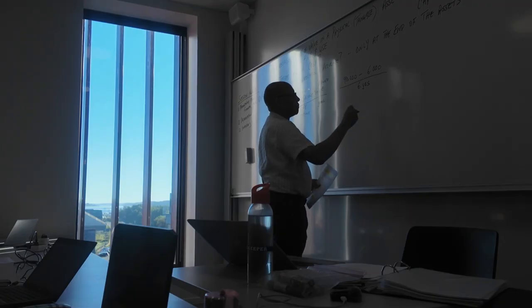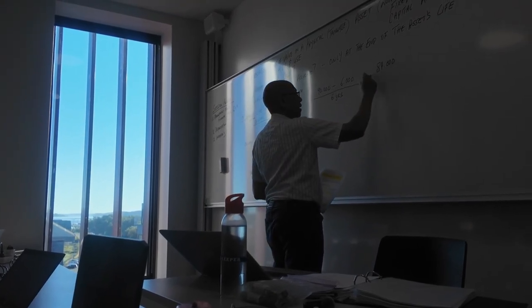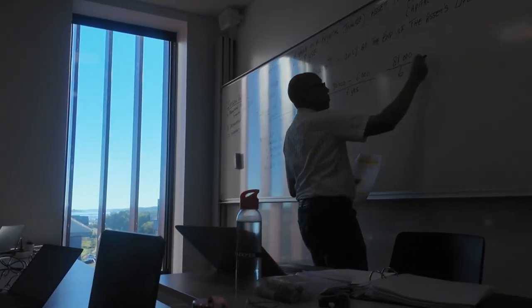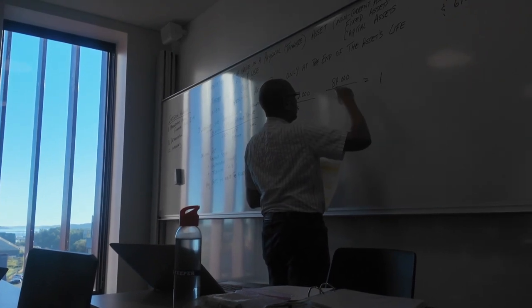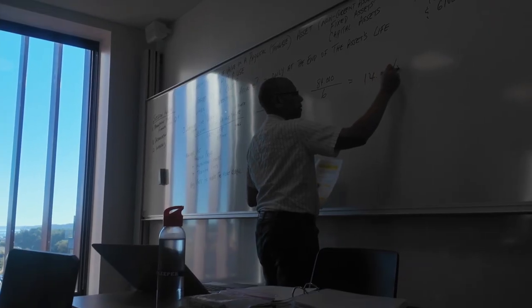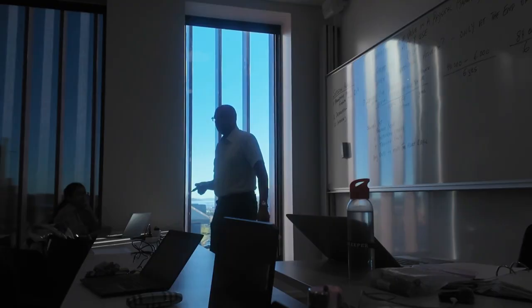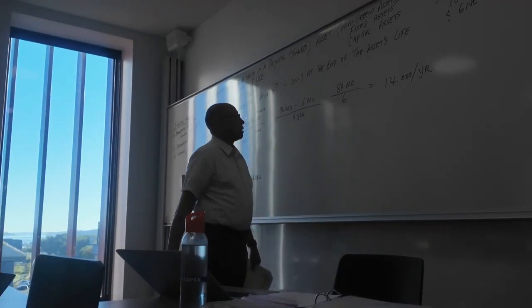So what's that? 84,000 divided by 6, that's not very hard math. Equals 14,000 per year, right? That's 14,000 per year depreciation.